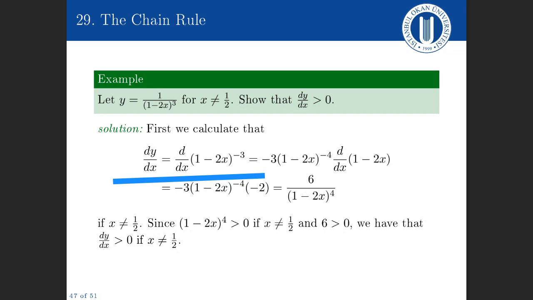That's the same as doing d dx of u to the power of minus 3. And so using the chain rule, we know that's minus 3, u to the power minus 4, decrease the power by 1 from minus 3 to minus 4, and then multiply it by du dx.